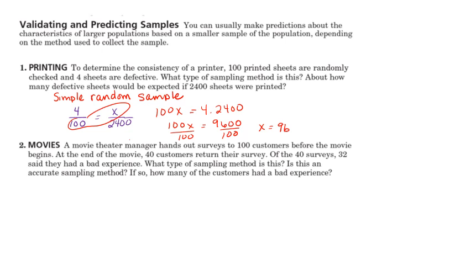This is an example of, remember we talked about, a voluntary response sample, a sample which involves only those who want to respond. If you had a bad experience, you are more likely to respond to a survey about a bad experience. So what type of sampling is this?